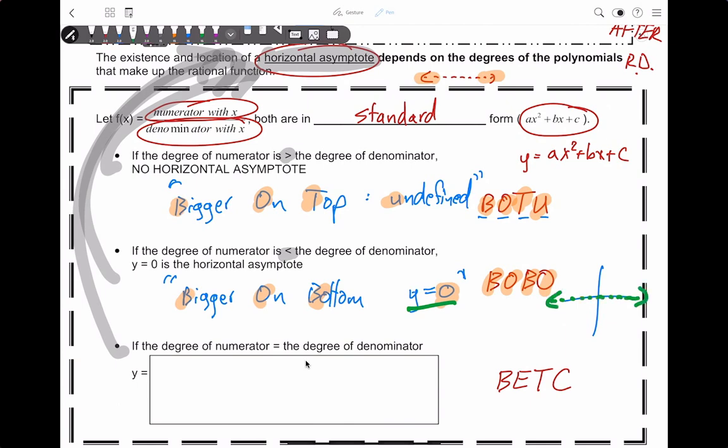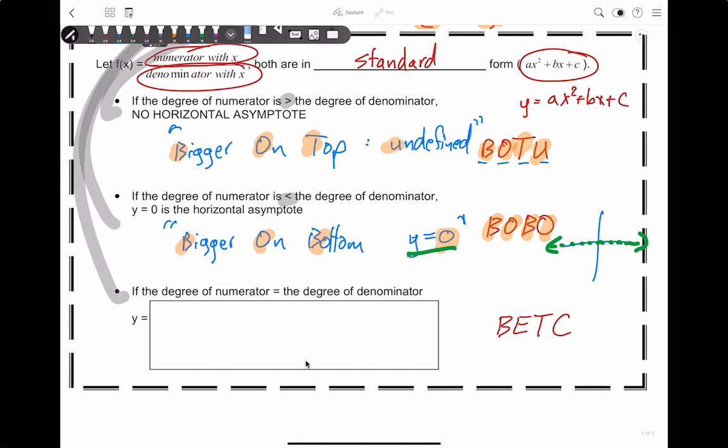Okay, and then this last bit is going to say Betsy, and that stands for, let me go ahead and write that right below, bottom equals the top, then it's the coefficients. So when the leading coefficient of the top, you're going to take it and divide it by the leading coefficient of the bottom.